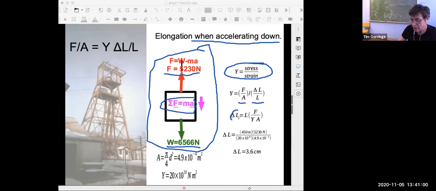We can solve for the elongation in terms of the things we know, which are the force in the cable, and the geometry of the cable, its length, its area, and its material, its elasticity. And if you do all that, this is a mistake. Okay, I'm going to correct this. This should be 2.4, I think, centimeters. That's the amount that the cable now stretches.